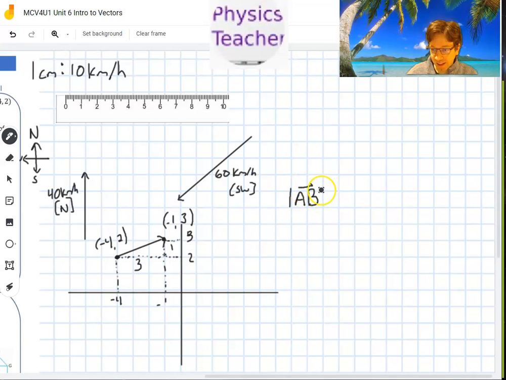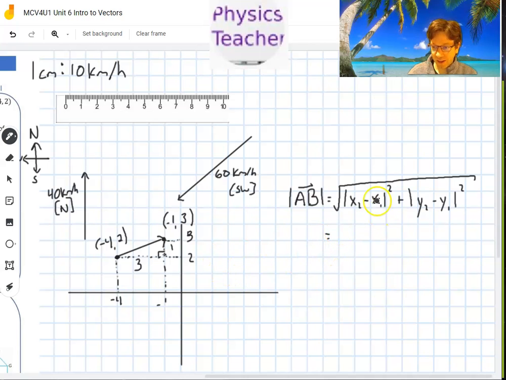put a little vector sign there, would equal, now since we're doing Pythagorean theorem, to solve this, because that would be a right angled triangle right here, the square root of, we're going to have the difference in the x values. So I can just write x2 minus x1 and square it, and add the difference between our y values, y2 minus y1, and square that.